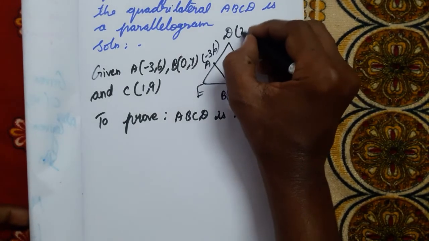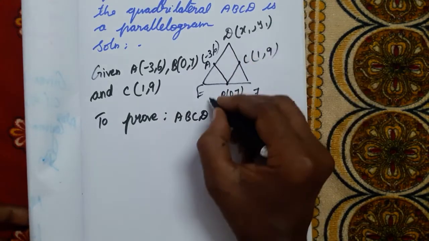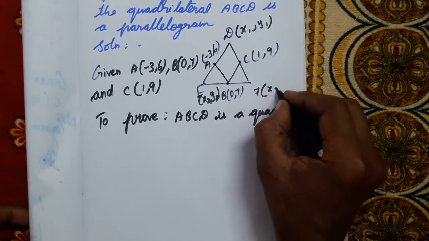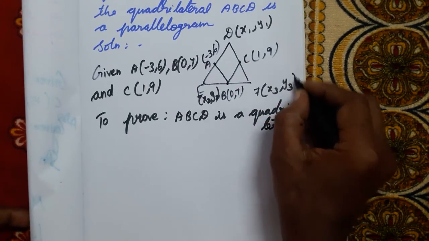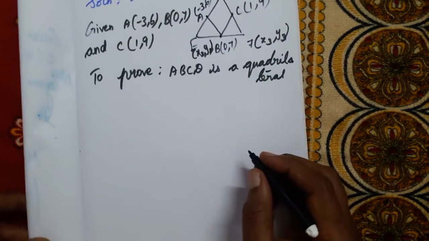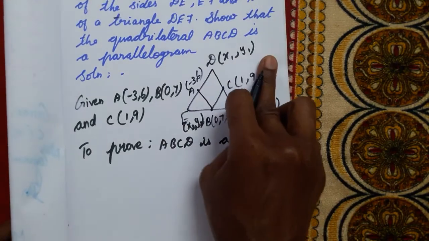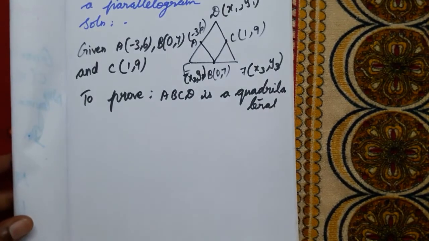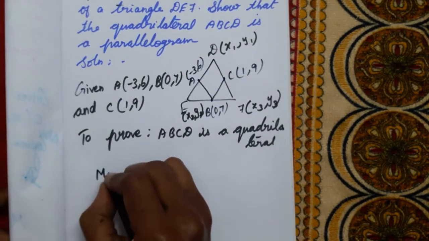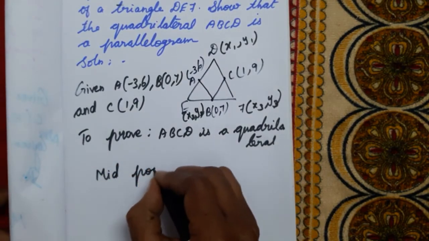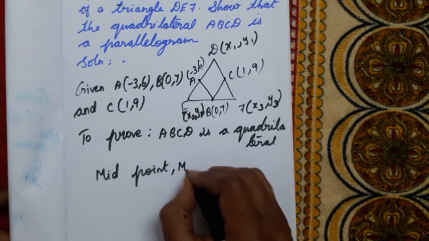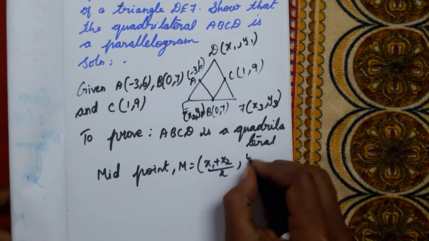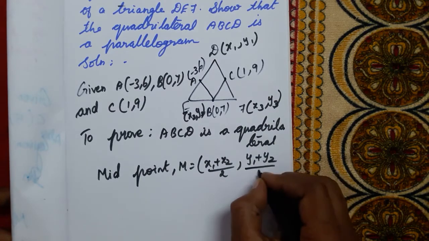We can take the points as (x1, y1), (x2, y2), (x3, y3), the same as in the previous problem where we found the point x1, y1. Clear? The midpoint formula is M equal to (x1 plus x2 by 2, y1 plus y2 by 2).